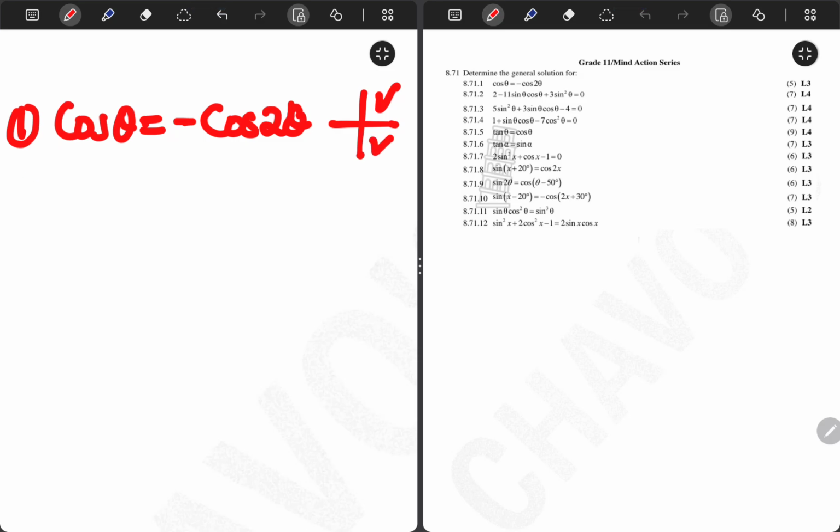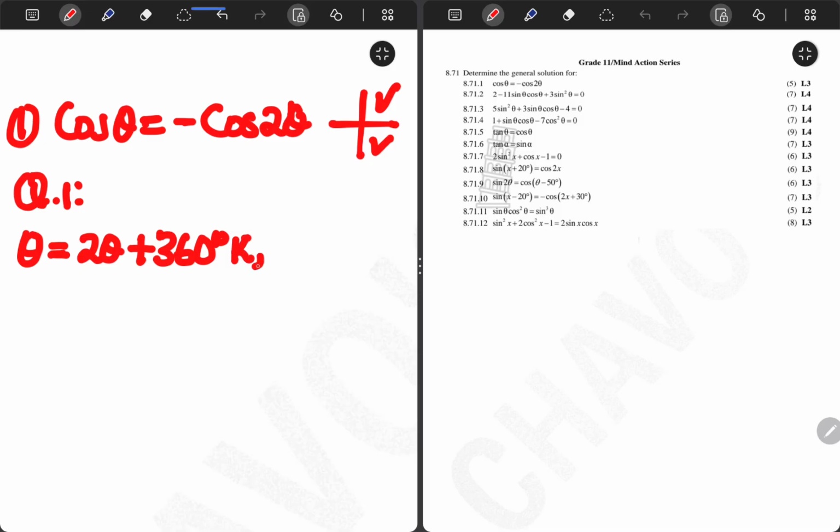So let's start with quadrant number 1. In quadrant number 1, we will have to equate the angles plus 360k, and write k element of integers.